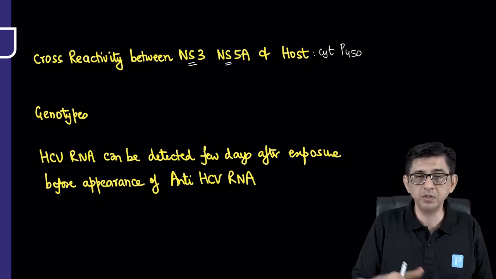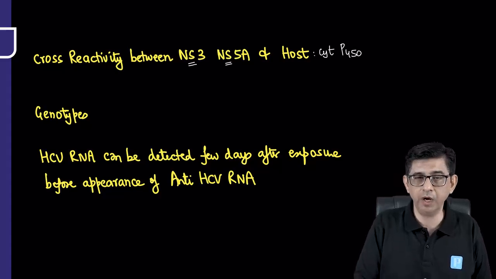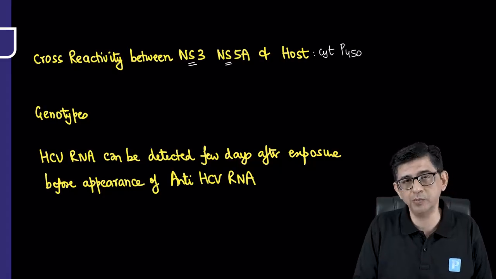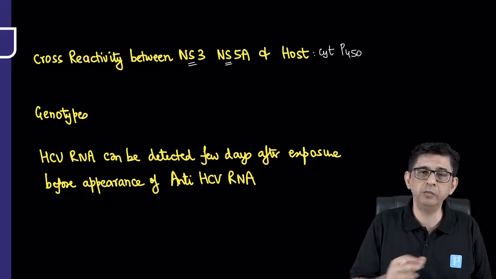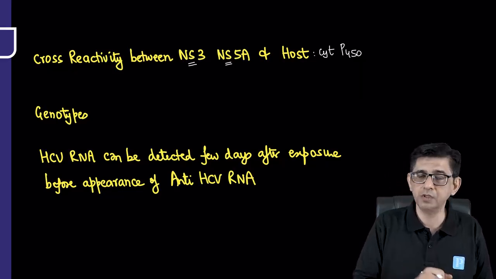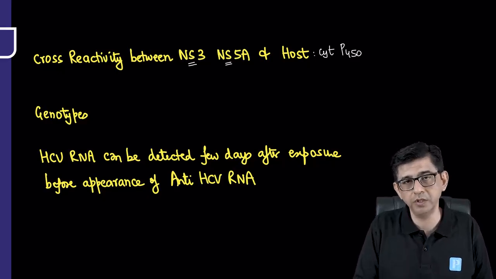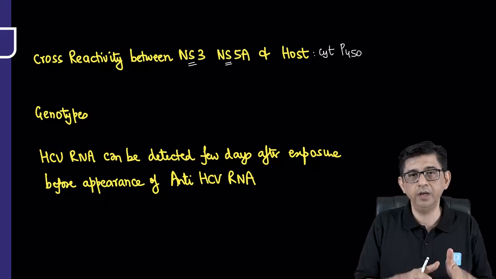Because of the cross reactivity, I'll give a parallel example. In Guillain-Barré syndrome, the antibodies produced in response to Campylobacter jejuni infection show cross reactivity with myelin. In GBS we have anti-GM1 antibody, and in Miller-Fisher syndrome there is anti-GQ1B antibody. I've discussed that in neurology, but those antibodies attack myelin.